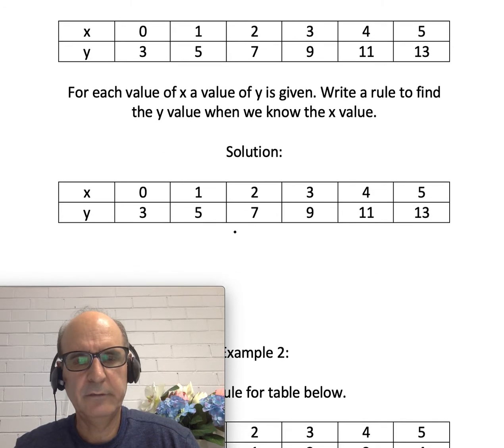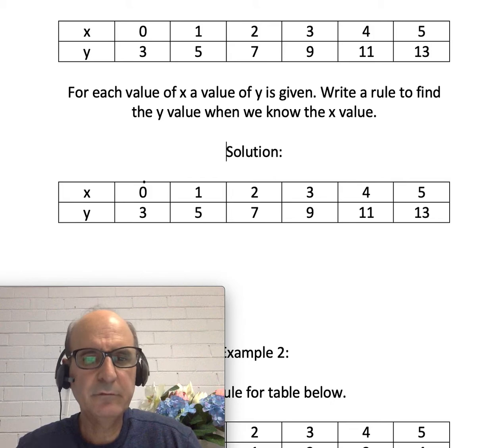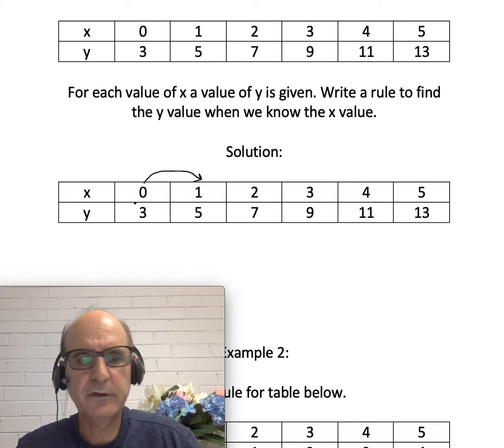Alright, I've repeated the same table here. What we are going to do, the first step is for us to see how the x is going up, starting from the left. So it's gone from 0 to 1, so it's gone up by 1.